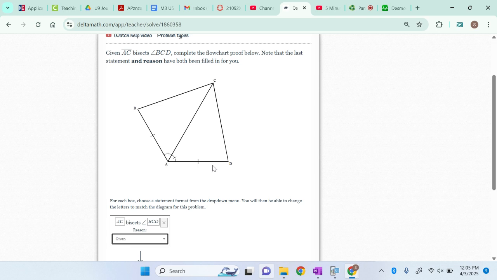It bisects, which means it does what to the angle? It cuts it in half. So in other words, we can say that these two little angles are congruent. How would I say that? What statement would I write?